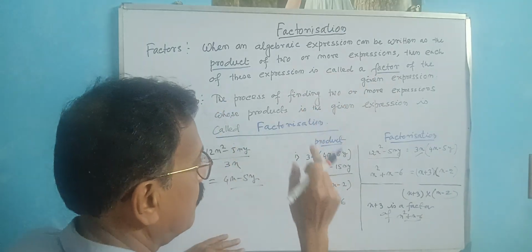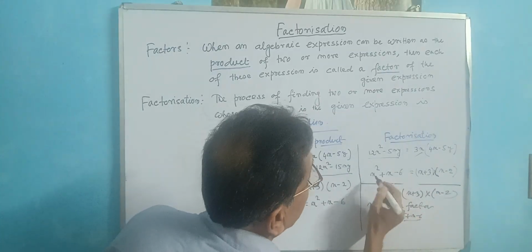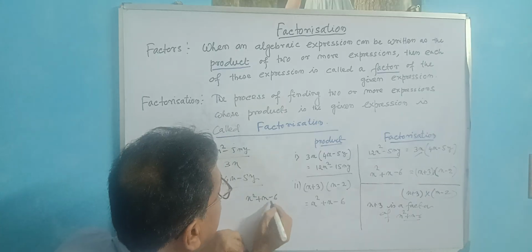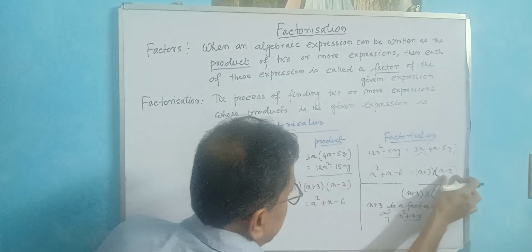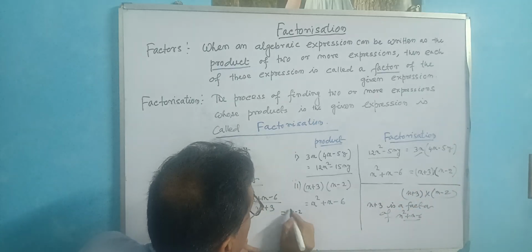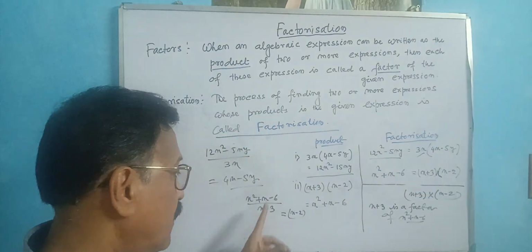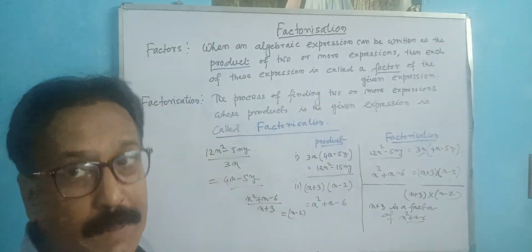Clear? Here also, if x square plus x minus 6 is divided by x plus 3, what is the answer? The answer is x minus 2. So this is the factor. Always the remainder is 0 and the quotient is a whole number or a particular expression.